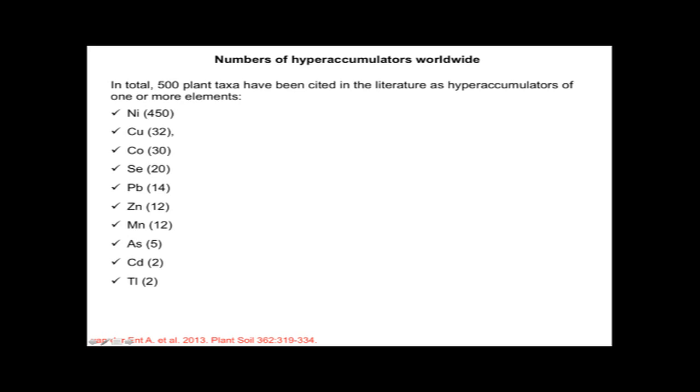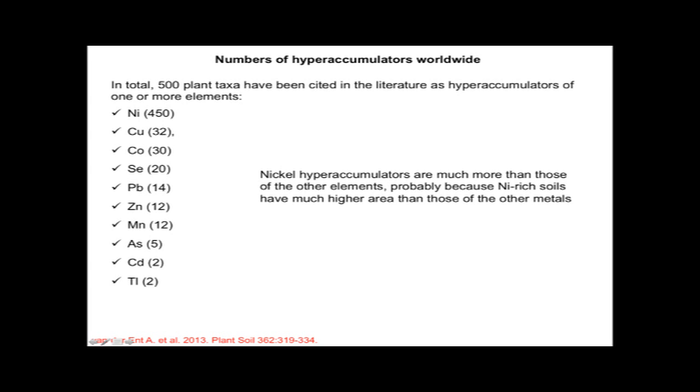In total, all over the world, up to 2013 from a paper, we have 500 plant taxa that can be found as hyperaccumulators of different elements. For nickel, the number is 450.